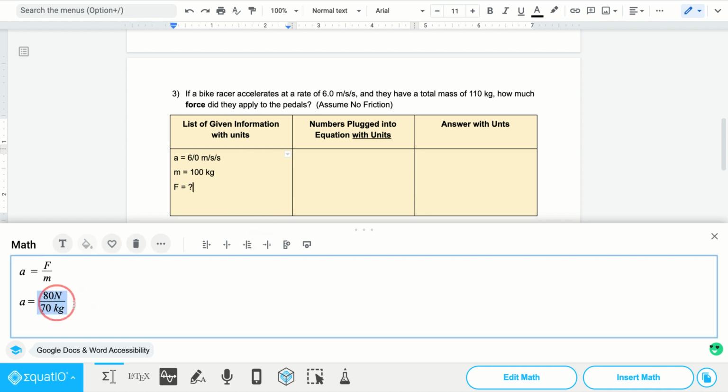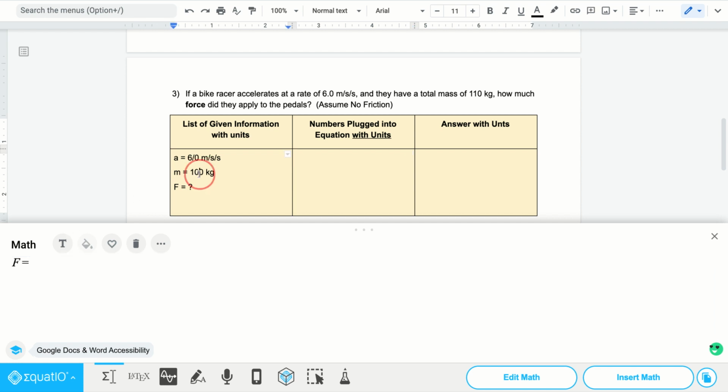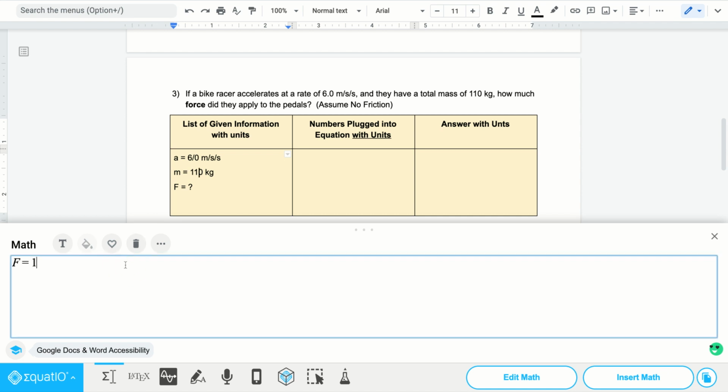when they pedal. So this time, we'll be using F equals ma. F equals, force is what we're looking for. Mass is 110. So 110 kilograms times the acceleration, 6.0 meters per second.